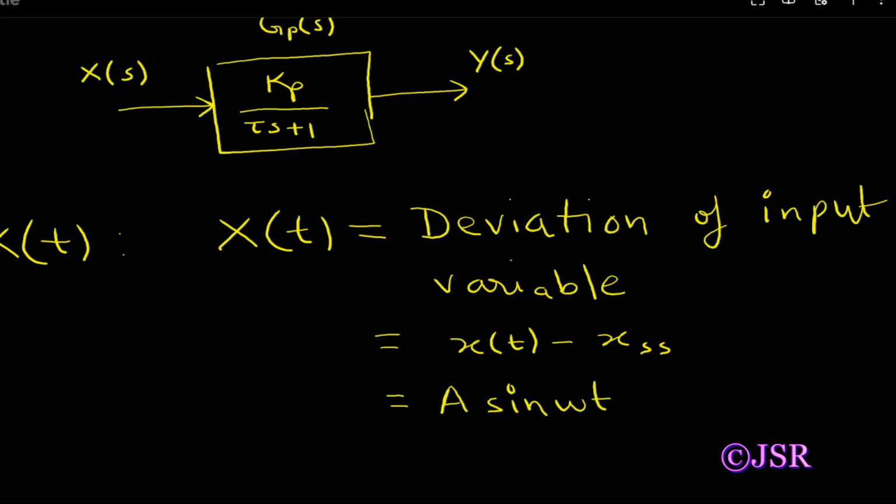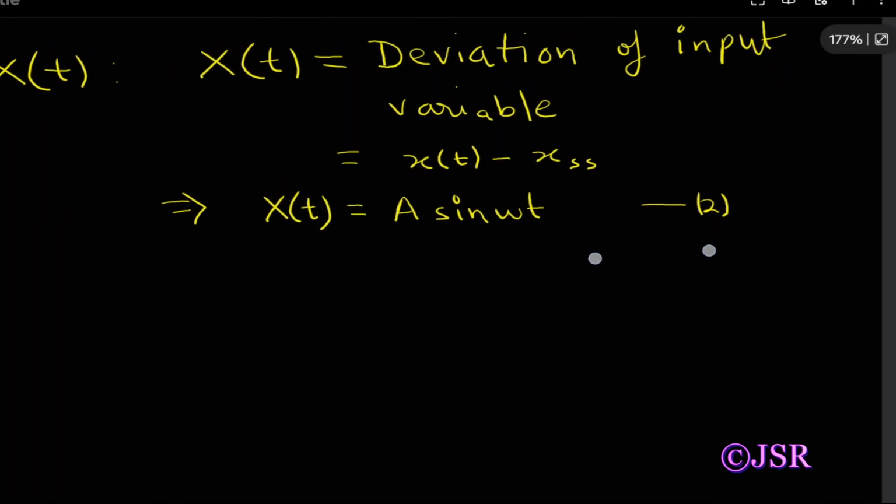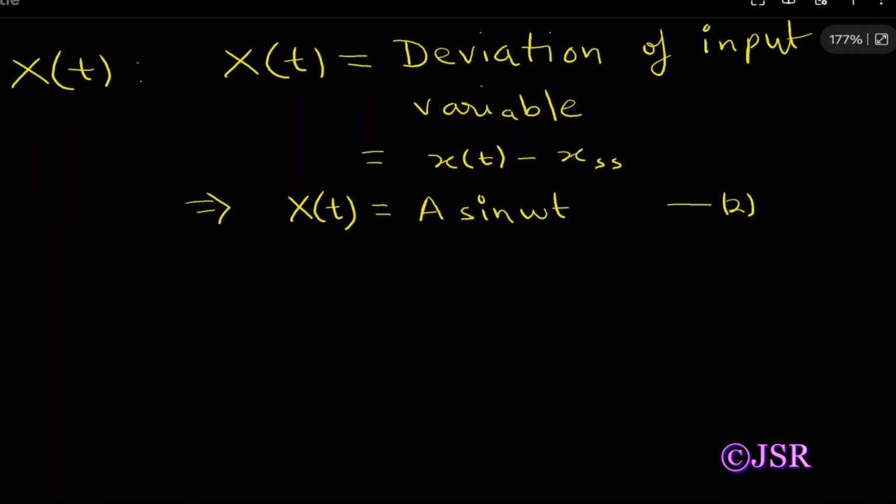So let's say the sinusoidal input we are giving here is sine omega t. So capital X of t is a sine omega t, where a is the magnitude of the sine wave and omega is the angular frequency of the sine wave. So this is equation number 2.